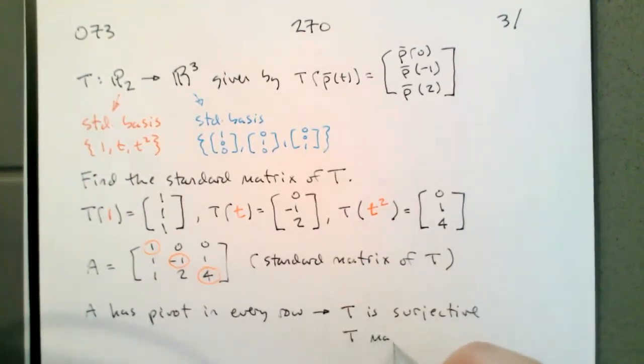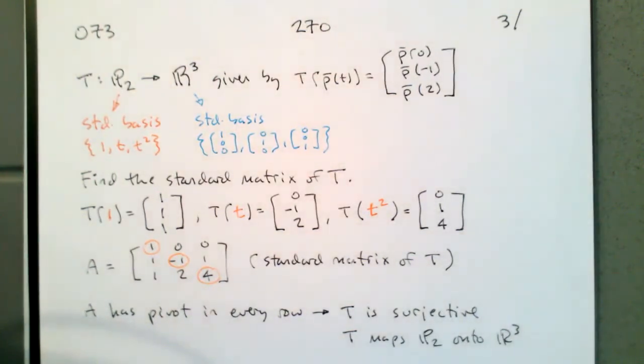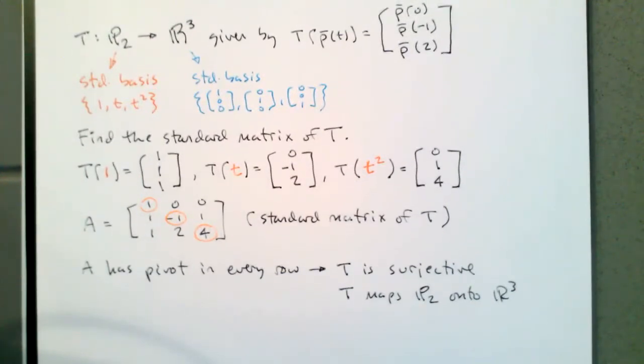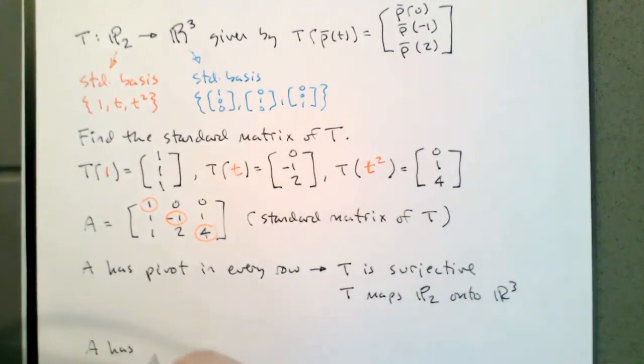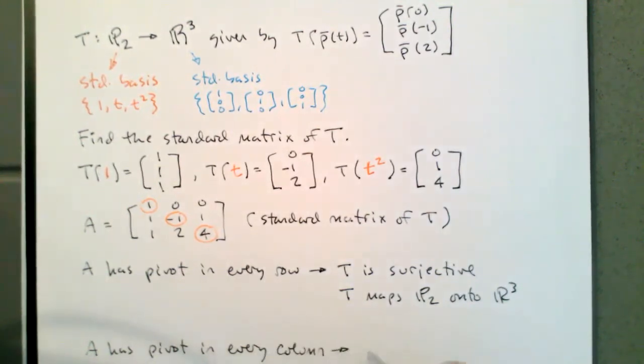T maps P2 onto R3. Everything in R3 is the image of some vector in P2, some polynomial in P2. A has a pivot in every column. So T is injective.